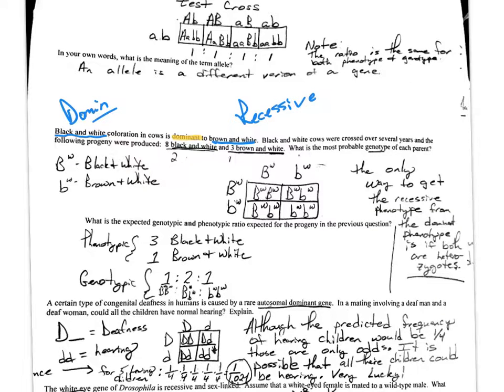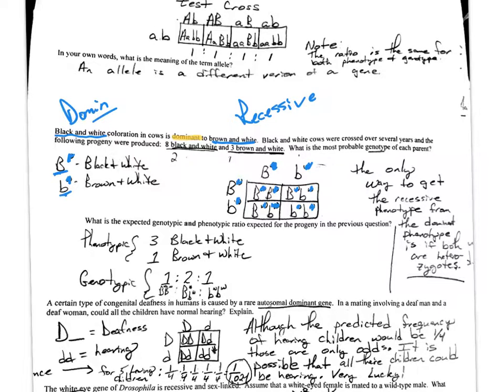But you could just say big B is black and white and little b is brown and white. That's all you need to do. That little w does not need to be here. It kept it straight in my head somehow, but it's not necessary. All right? If that confuses you on the answer, just get rid of it.